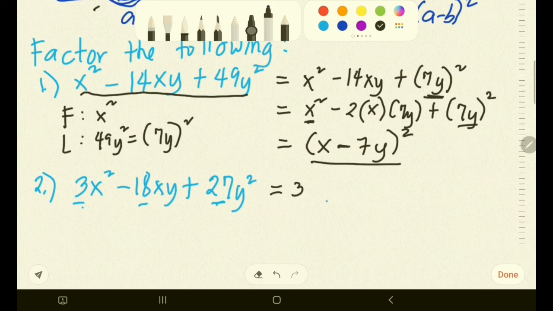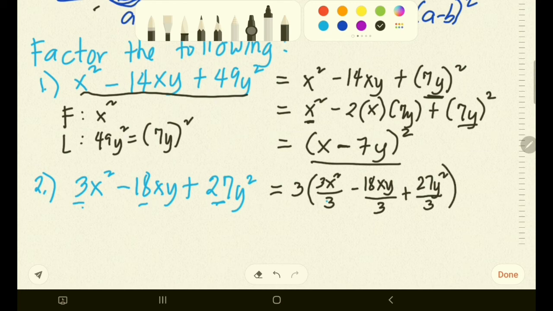Apply the factoring of polynomials using GCMF. You have your 3, and you divide each term by 3: 3x squared divided by 3, minus 18xy divided by 3, plus 27y squared divided by 3.